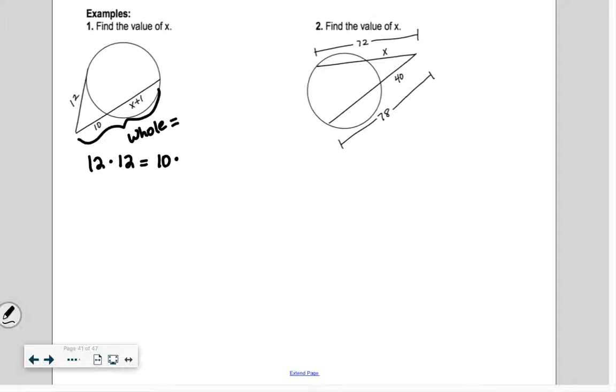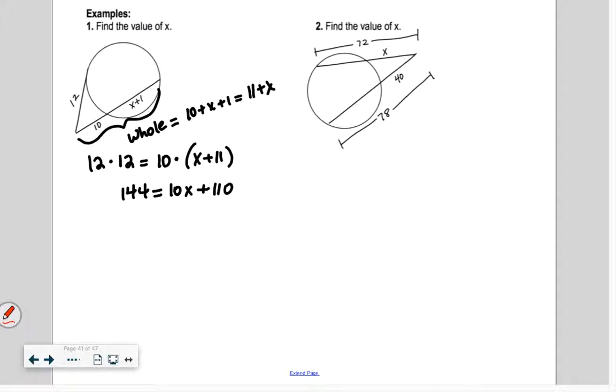What's the whole? 10 plus x plus 1, which is 11 plus x, or x plus 11, right? Makes sense? You're adding two segments together. So we get 144 equals 10x plus 110.